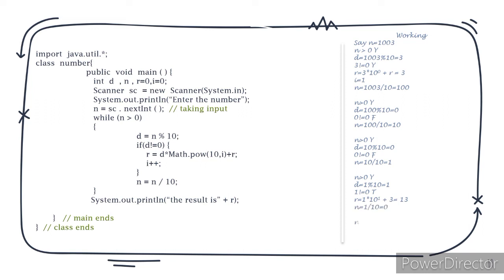And n becomes 0. So you can see the result r is equal to 13. So 1003, if I remove the zeros from the number, I'll be getting 13. So this is a small program that will remove the zeros from the number.